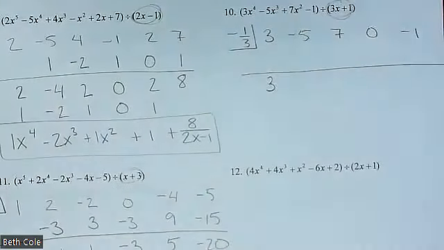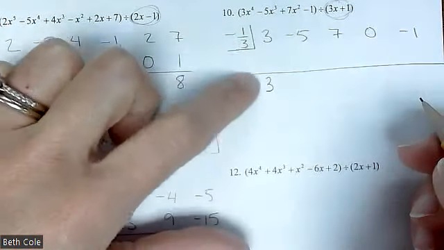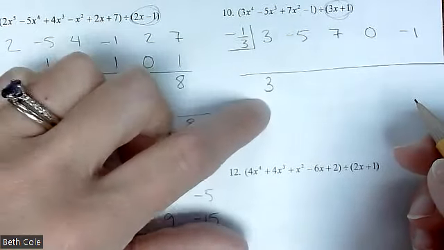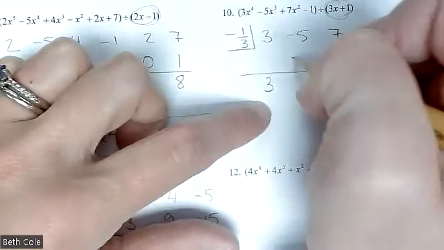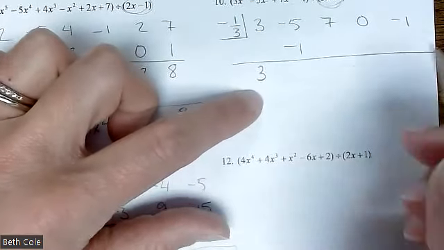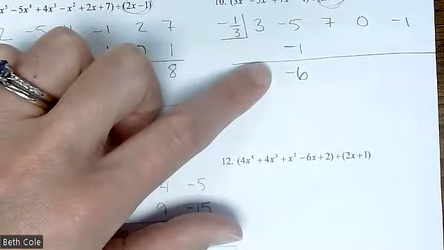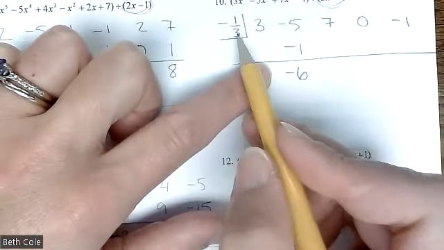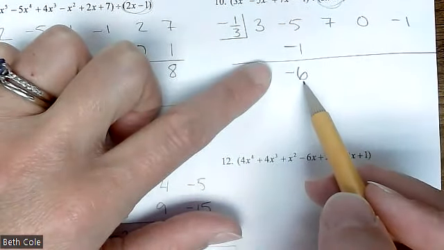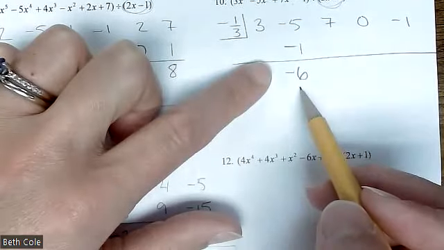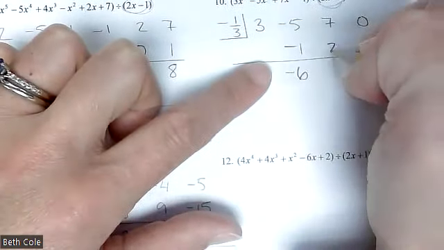Bring down the first number. Stick with me here. -1/3 of 3. -1/3 times 3 is -1. Good. Add the column. -6. -1/3 times -6. Okay, first of all, the negatives will cancel. 1/3 times 6 is 2.